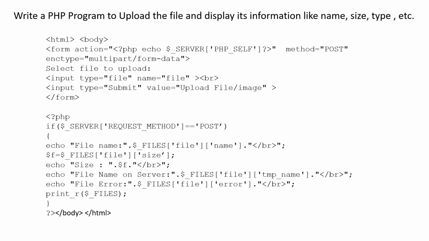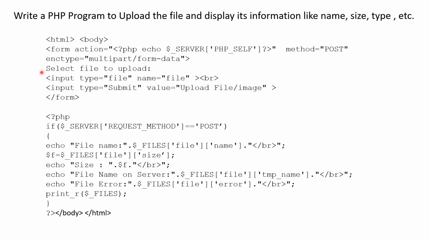Consider the example to upload a file and display its information like name, size and type. Here we design an HTML script as well as the PHP script in the same file by using a self-referencing page. We write this in the action attribute. After that we use method equal to post.